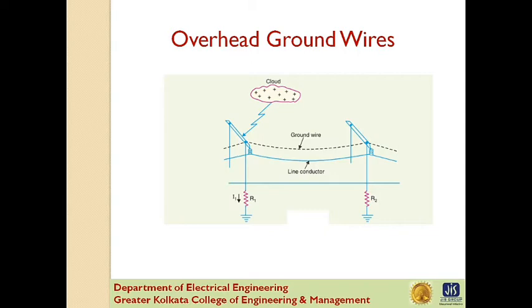Since Vt is the approximate voltage between the tower and the line conductor, this voltage will also appear across the string of insulators. If Vt is less than that required to cause insulator flashover, no trouble results. On the other hand, if Vt is excessive, insulator flashover may occur. Since the value of Vt depends upon the tower footing resistance R1, this resistance must be kept as low as possible to avoid insulator flashover.